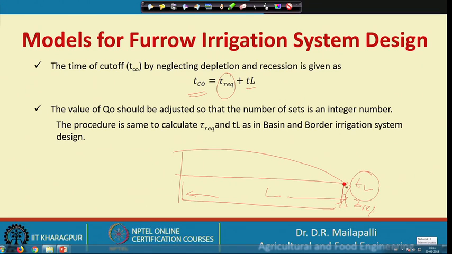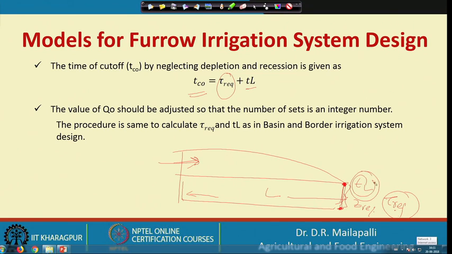Now we have to deliver water until this vertical infiltration reaches Z required. That is the infiltration time, that is tau required. From this point to this point, the time taken is tau required. So, that much time you need to irrigate.